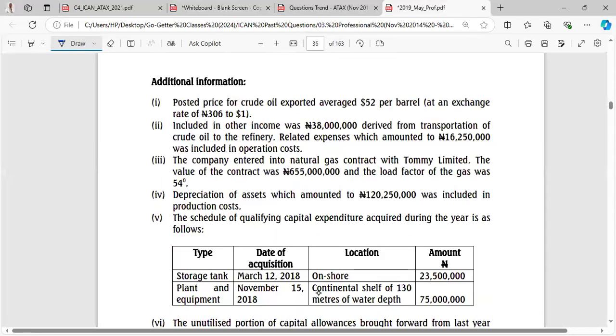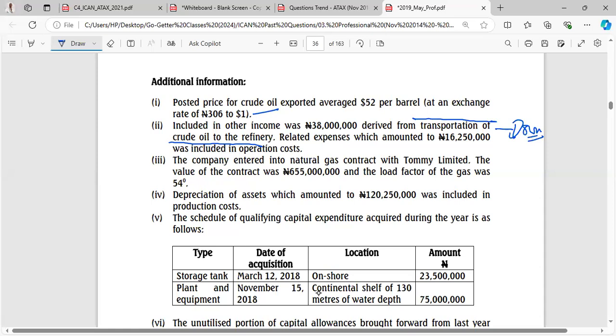But they said included in other income is 38 million derived from transportation of crude oil to the refinery. Now, this transportation of crude oil to refinery is downstream.